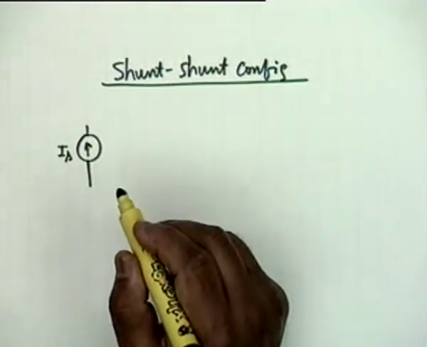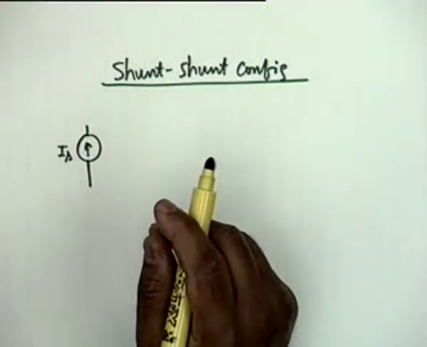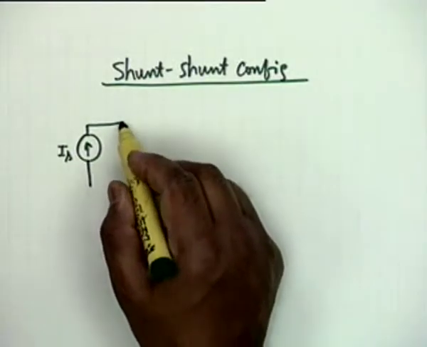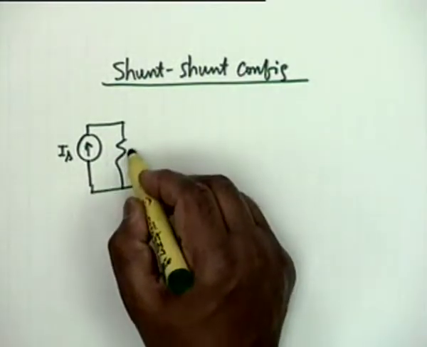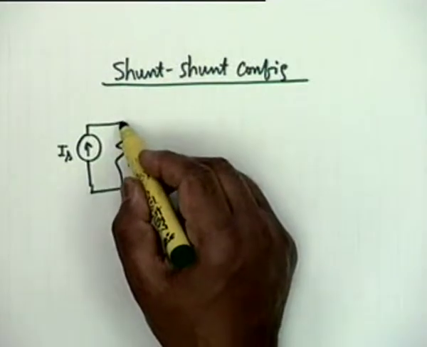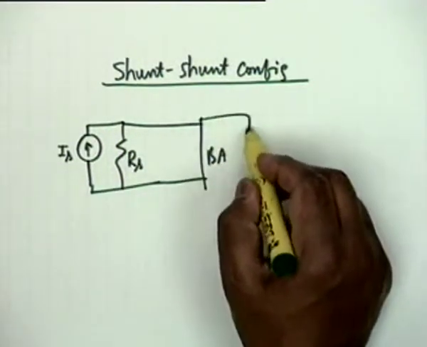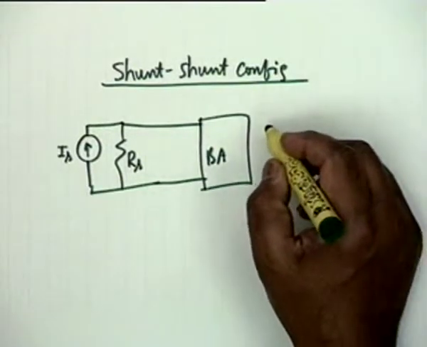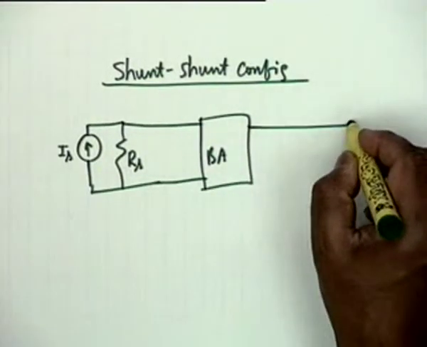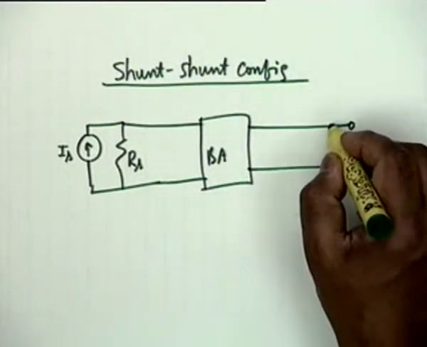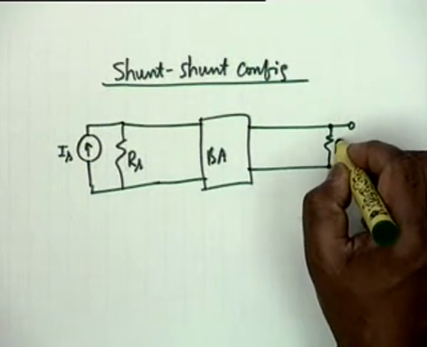And I am drawing a practical shunt. Okay, I am not drawing the theoretical one and then going over. I am drawing a practical shunt RS. Since it is shunt, I have the basic amplifier, and the output should be a voltage, and therefore I have the load resistance RL.